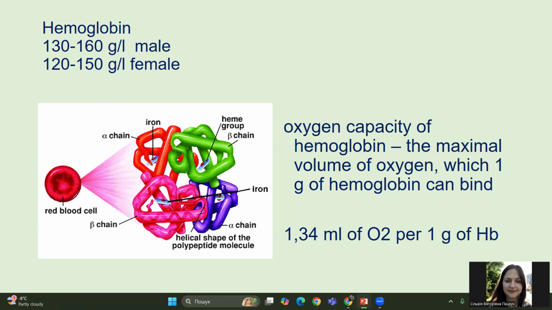So 1.34 milliliters of oxygen can be bound by 1 gram of hemoglobin. And we can calculate the oxygen capacity of the blood by multiplying the value of hemoglobin by 1.34 milliliters of oxygen.